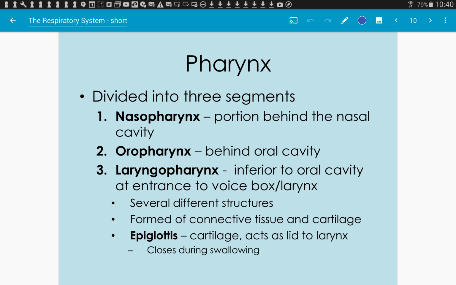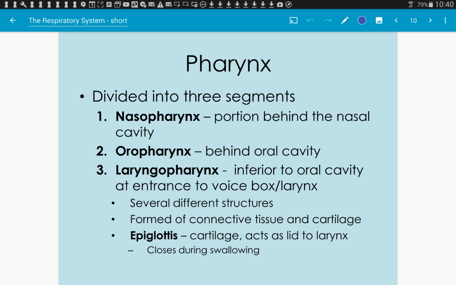And that area is protected with a lot of connective tissue and cartilage, and the reason for that is also it houses the structures that allow you to make sound, that allow you to talk. I'm getting ahead of myself, I'm sorry. We'll talk more about that in a moment.